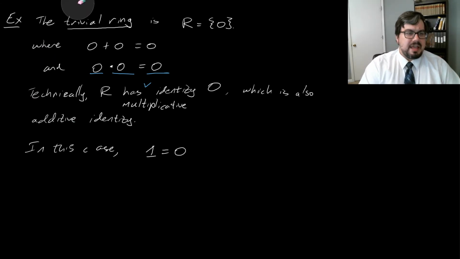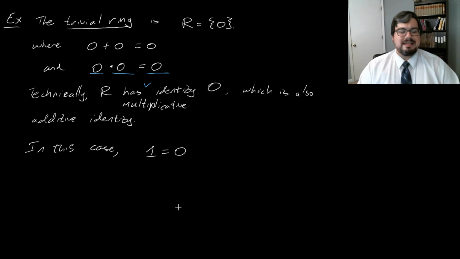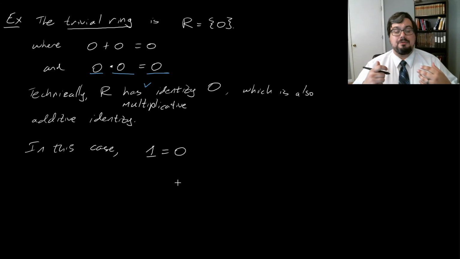So the takeaway of this example is that in the trivial ring, we have the two identities, the additive and the multiplicative, being equal. However, if you have any non-trivial ring, this cannot happen.